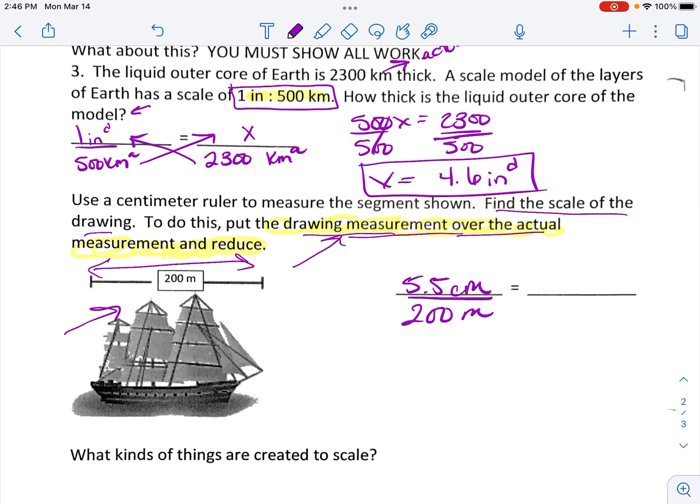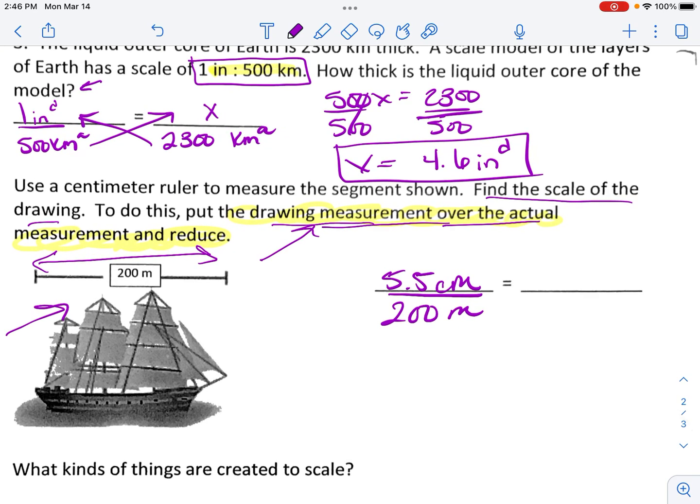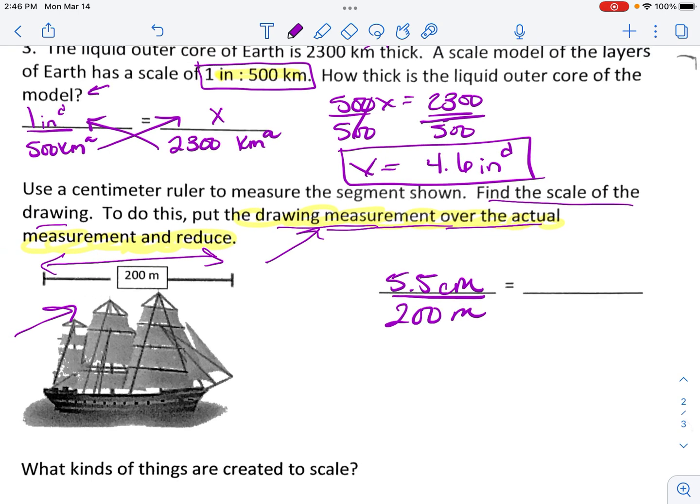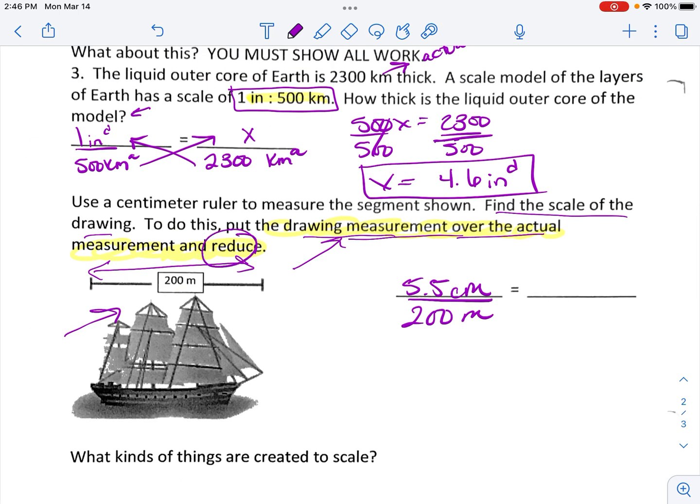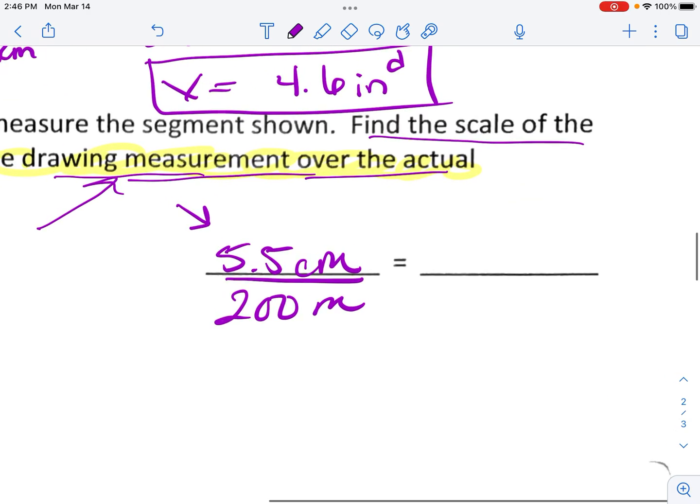Now to find the scale, we're going to reduce this. Since there is a decimal up here, guys, you cannot simplify. Well, you can, but you don't want to simplify when there's a decimal in either the numerator or the denominator. So let's make these whole numbers.